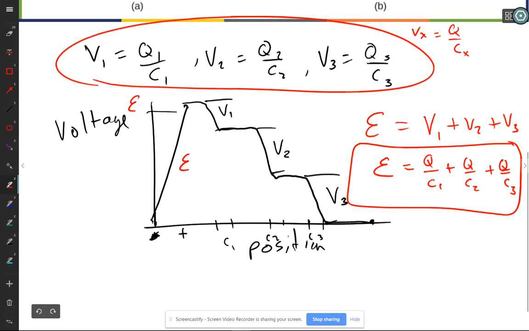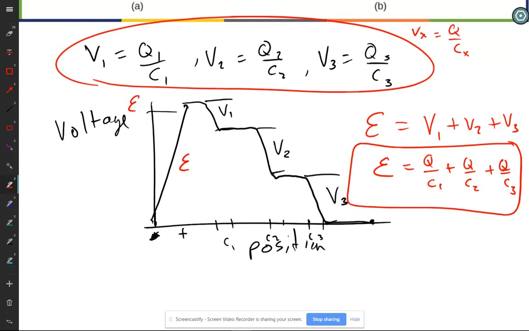So that's an equation that says if I add the voltages going around the loop, I better get back to 0. Notice I have my EMF was going up, and then each of the other voltages was going down. So I put them on the other side of the equal sign. That's why they're positive instead of negative.